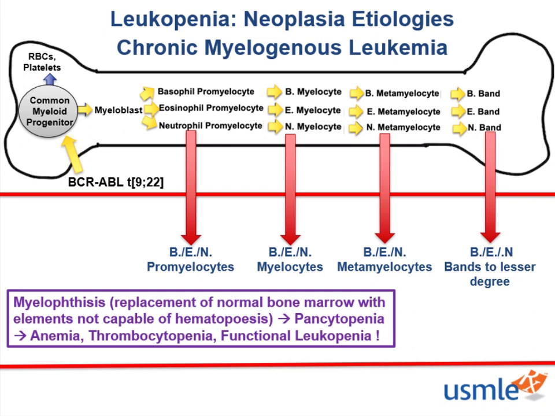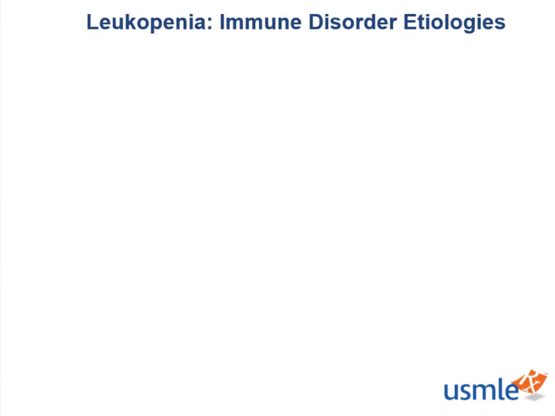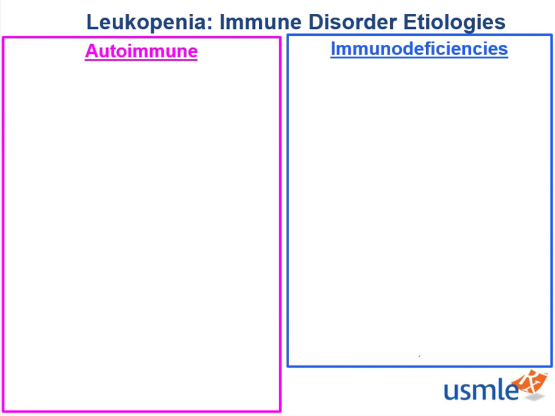Hence, why it is called a functional leukopenia, even though chronic myelogenous leukemia is causing a false leukocytosis. Leukopenia is also caused by numerous immune-related disorders. Let me give you an example of an autoimmune and inherited immunodeficiency cause of leukopenia.